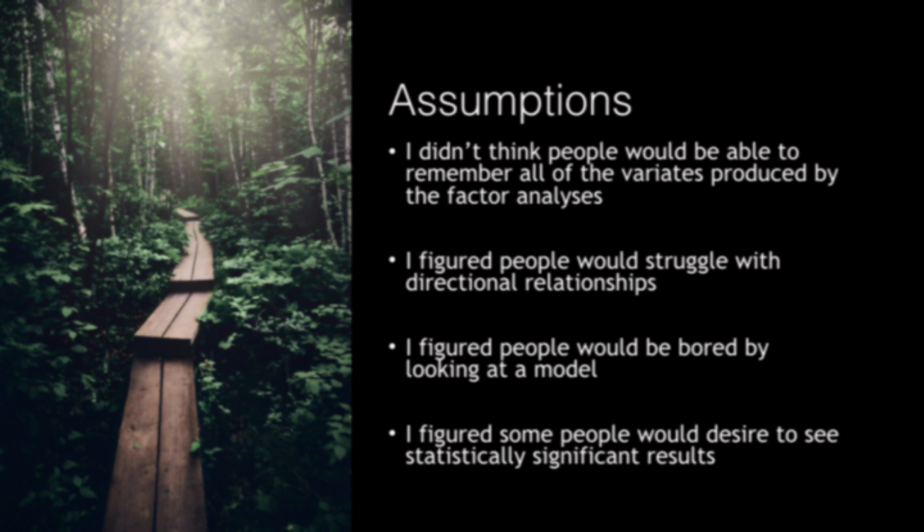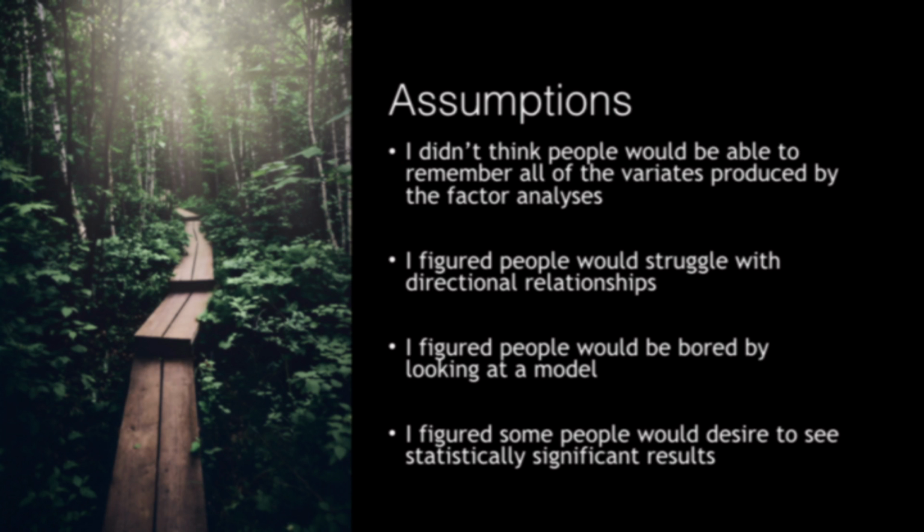And I didn't want people to feel stupid for not remembering it. That's terrible. I figured people would struggle with directional relationships. So I wanted to make sure that I had arrows going from variate to variate, just so that people could follow what I was discussing. I also figured people would be bored by looking at a model, so I wound up using icons and images.